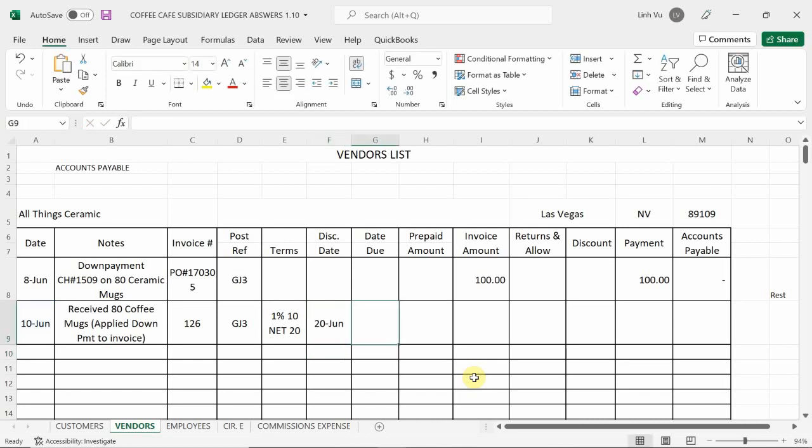Exactly, June 20th, right? So June 20th, if I keep an eye on this, it can allow me to take the opportunity to get a 1% discount off of my items. Okay? If not, when is the actual bill due?